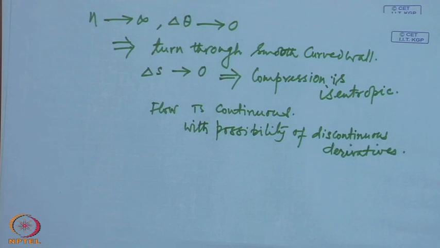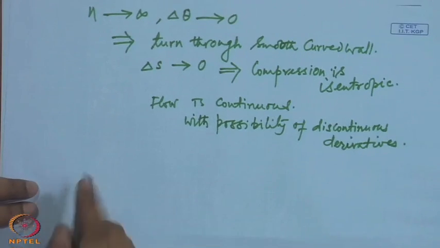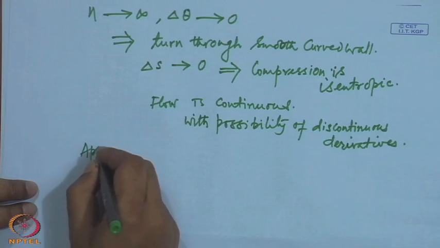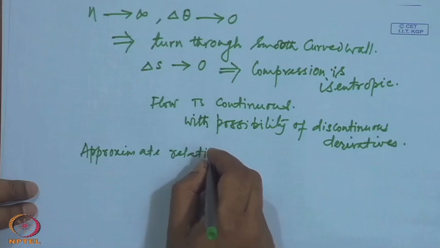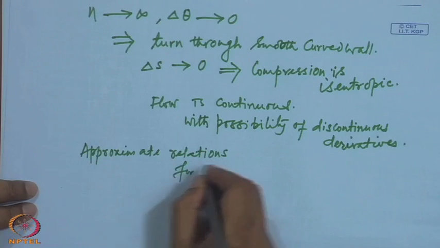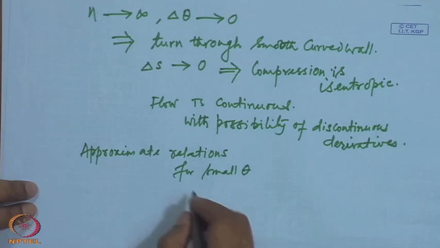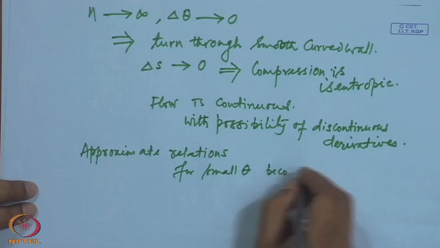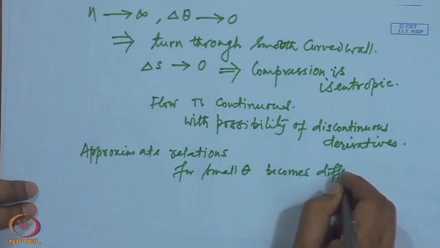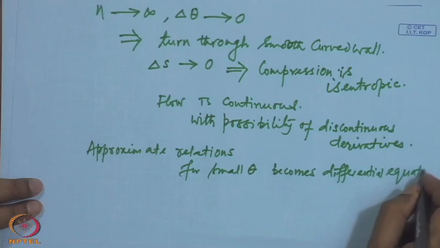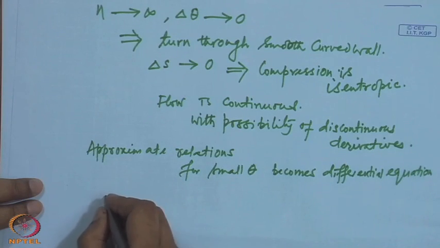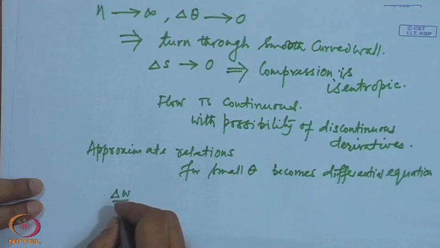Now, the approximate expressions that we have already derived for small flow deflection now become differential equations, and in particular that is delta W by W 1.